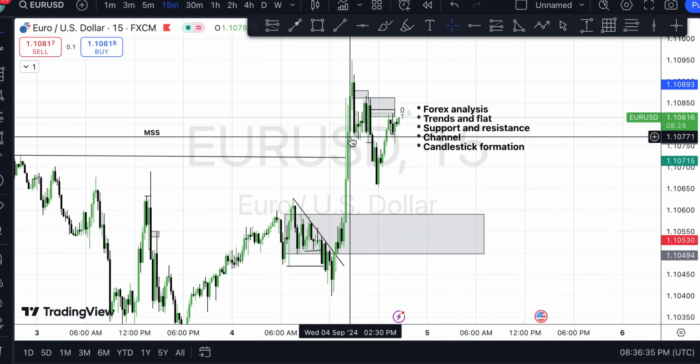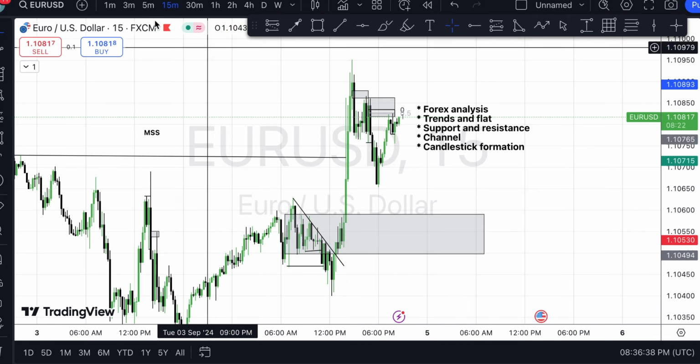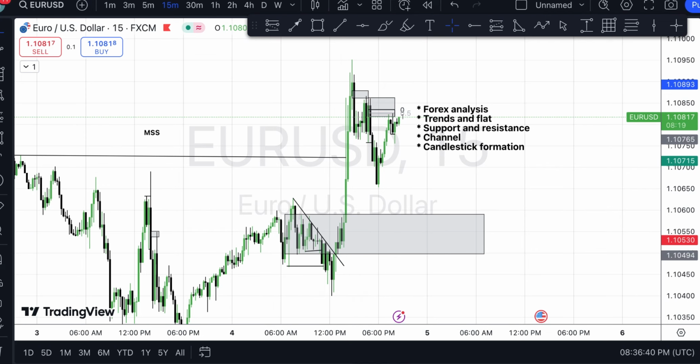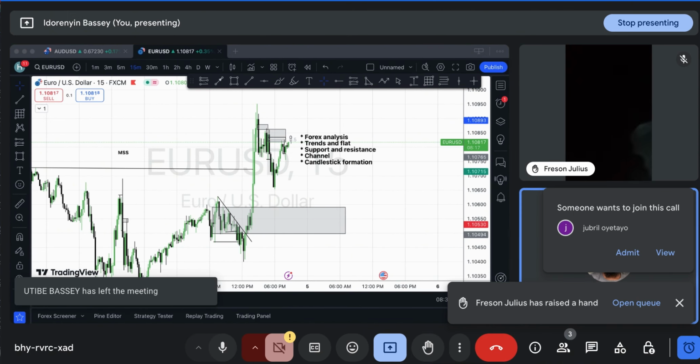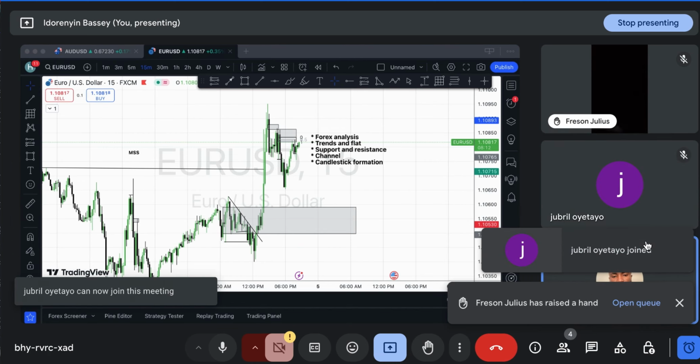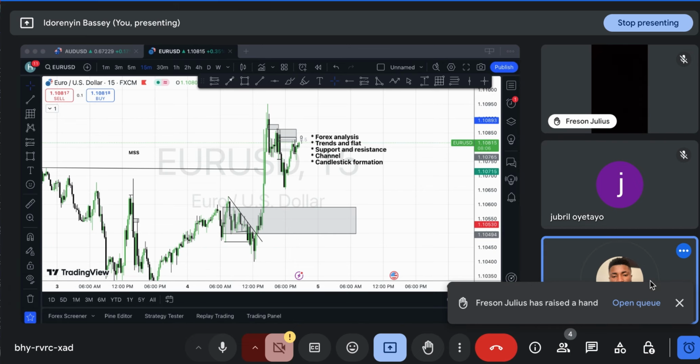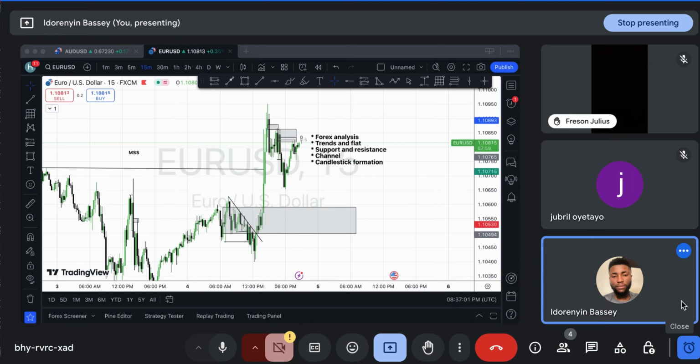So let's look at what is resistance. Resistance is a price level at which a currency pair has historically had difficulty rising above.